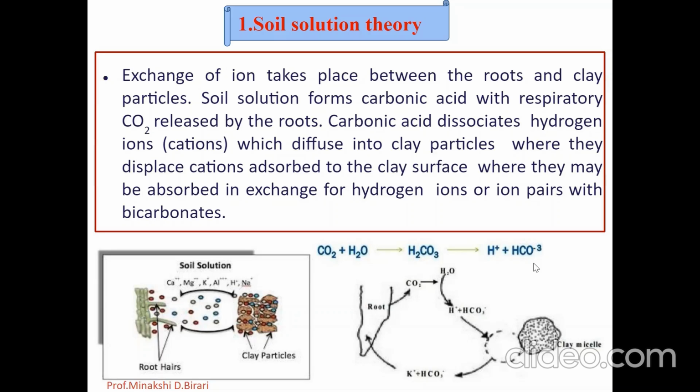So carbon dioxide is released in respiration of root. It forms carbonic acid by reacting with water of the soil solution. The carbonic acid then dissociates in the soil solution to form H plus and HCO3 minus.